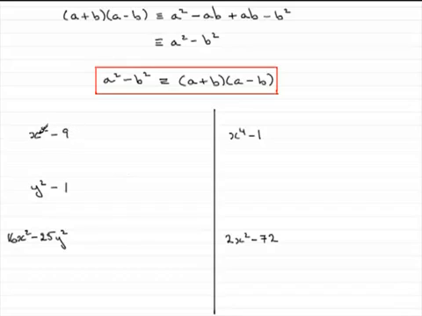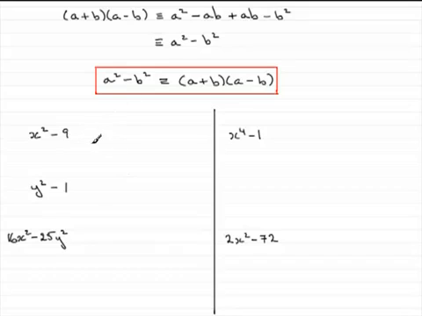In this first example, this is the square of x, giving x squared, and the 9 is the square of 3. So when we compare it to this, we see that a is x and b is really 3, 3 squared being 9.